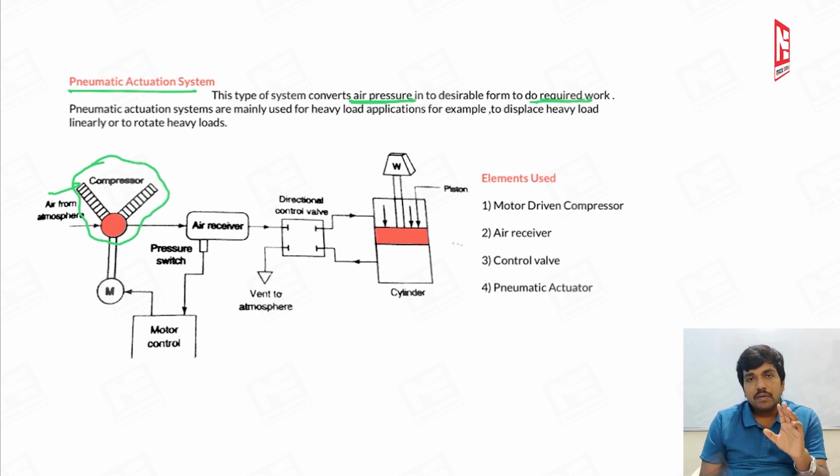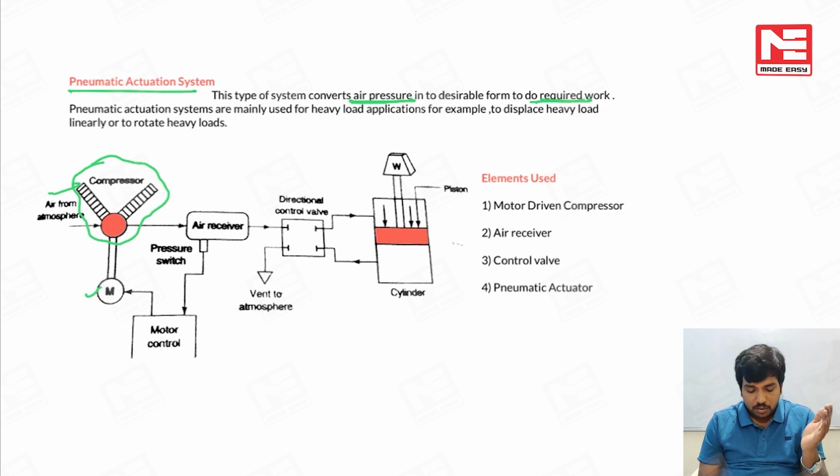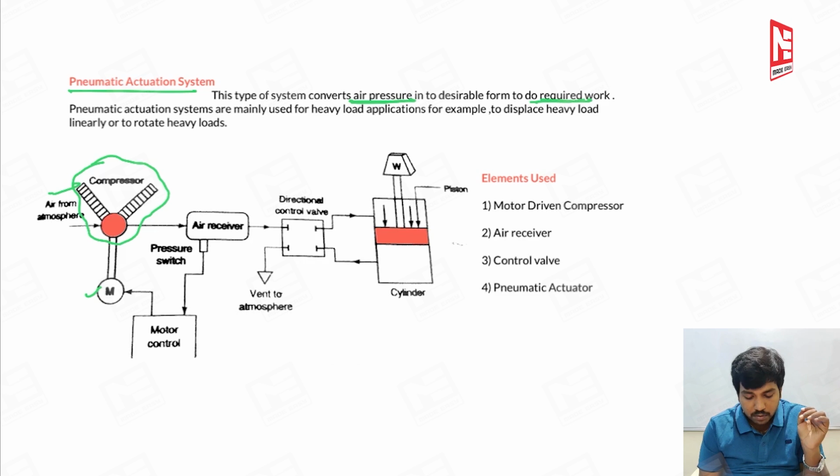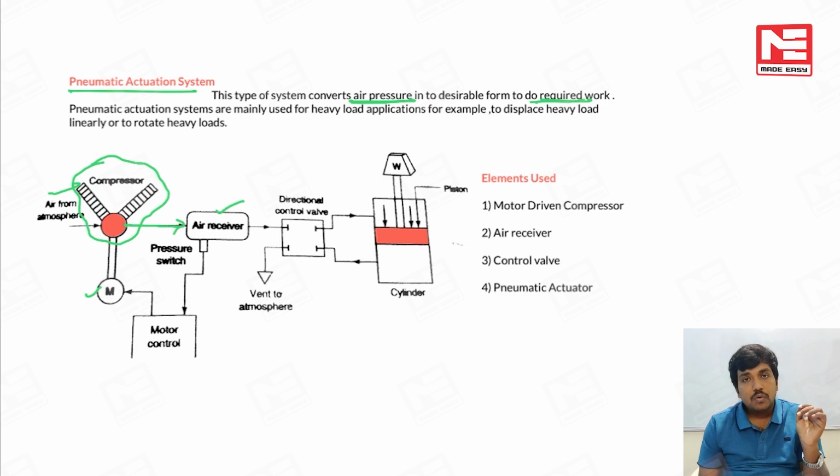Now have you remembered this? Previously when I was discussing the hydraulic actuation system, we discussed a regulator. Now the air receiver also does the same function, regulation, because when we are dealing with the pneumatic actuation system, we should be very conscious about the temperature, because the temperature of the air should not change too much.